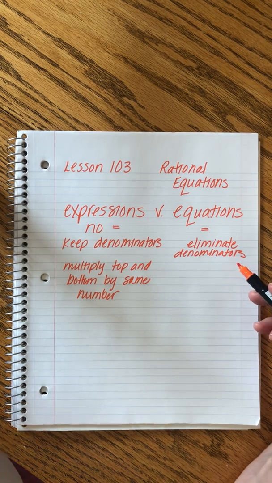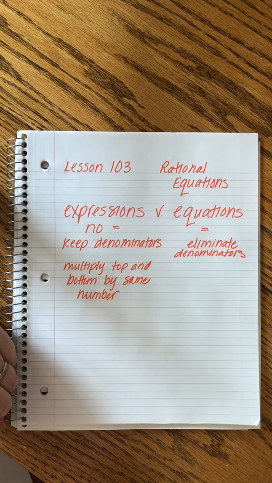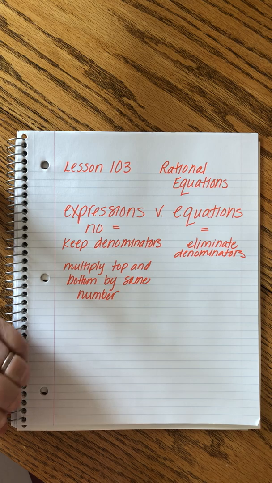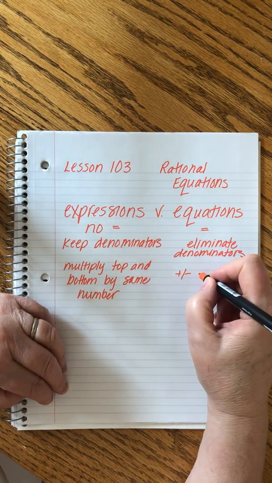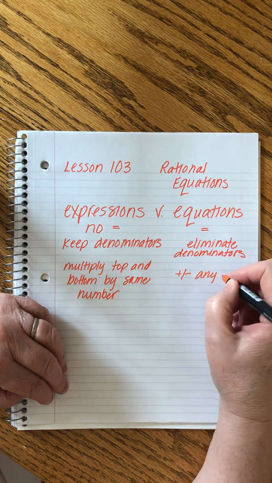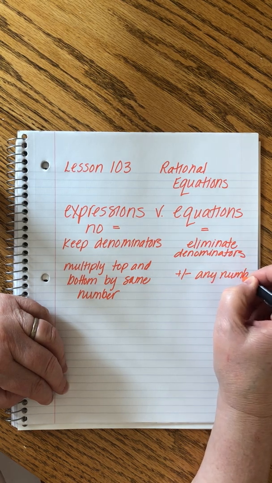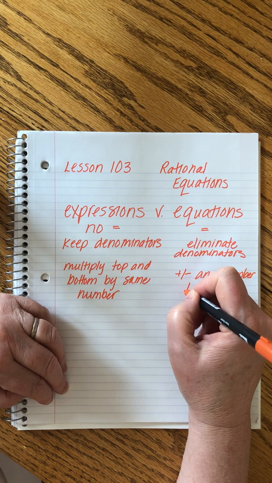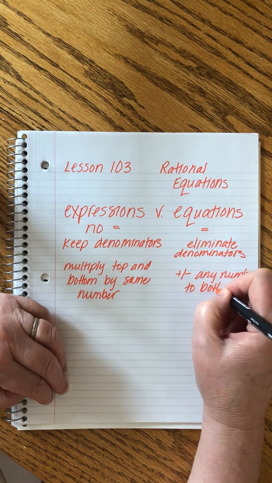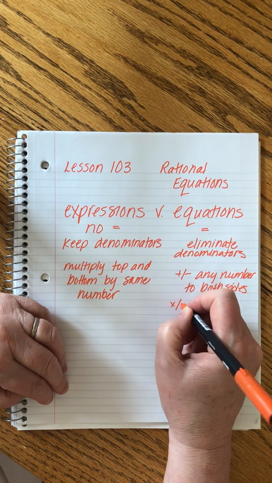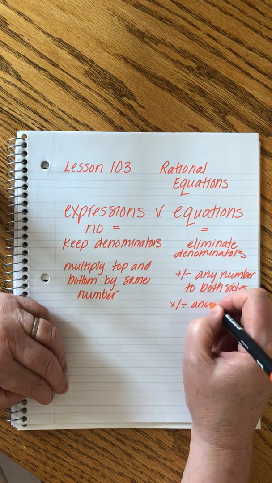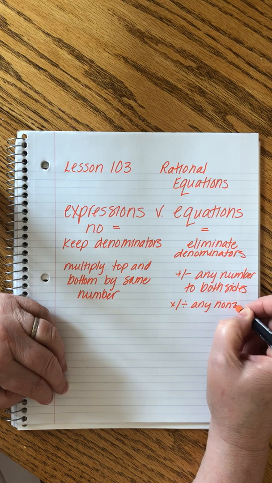With equations, we can add or subtract any number as long as we do it to both sides, right? And we can multiply or divide by any non-zero number. We can't do it with zero.